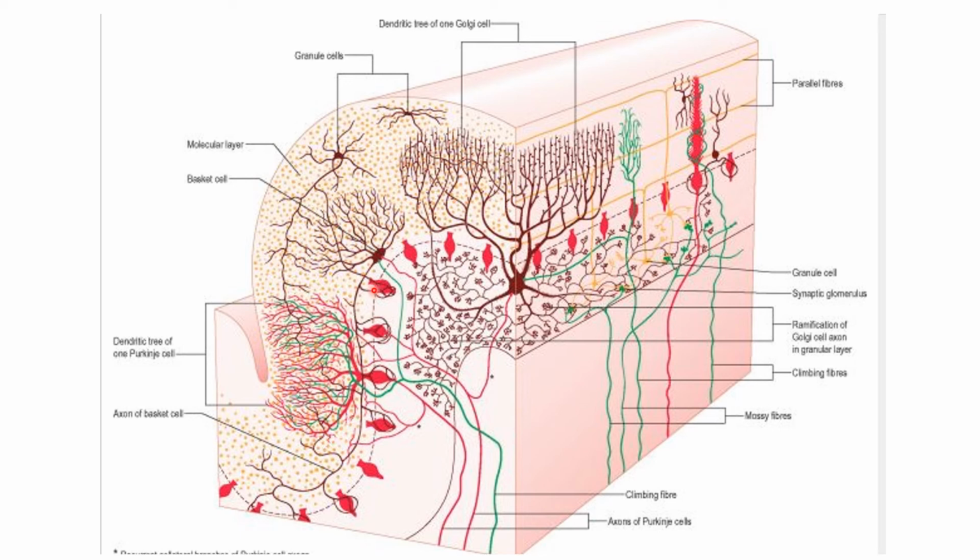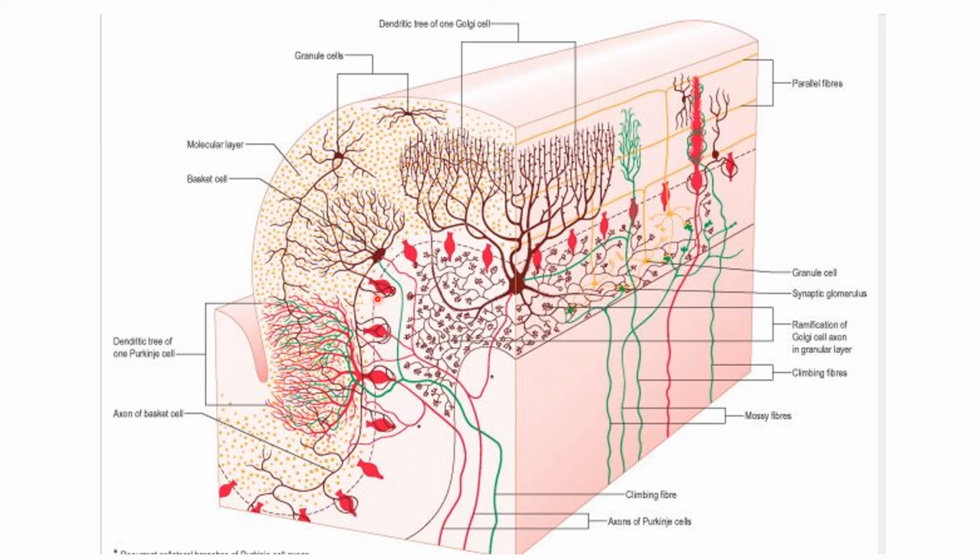Most prominently you can see this is the Purkinje cell layer, and this is the molecular layer, which has parallel fibers running, and the dendritic processes of the basket cells, the granule cells, and also the dendritic processes of the Purkinje cells.